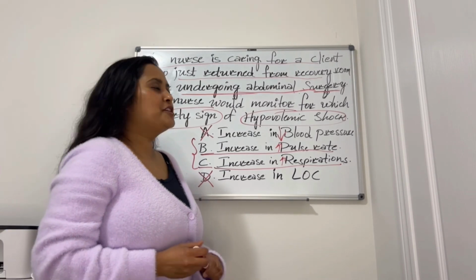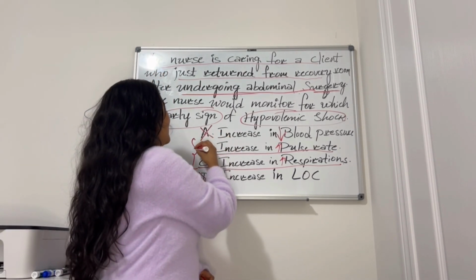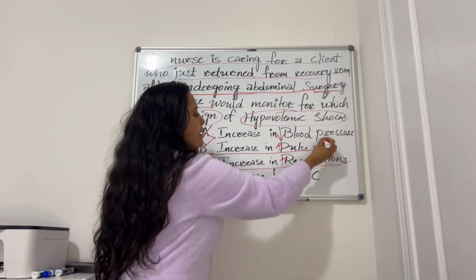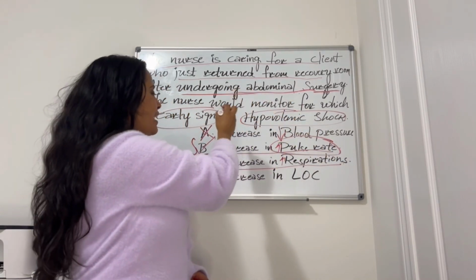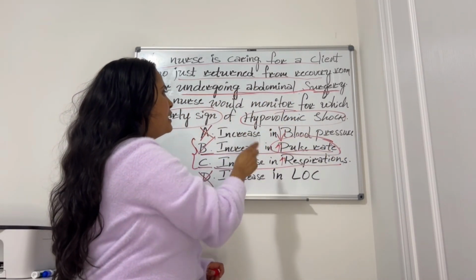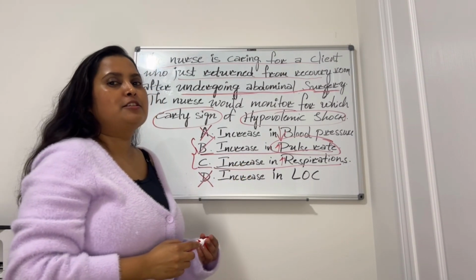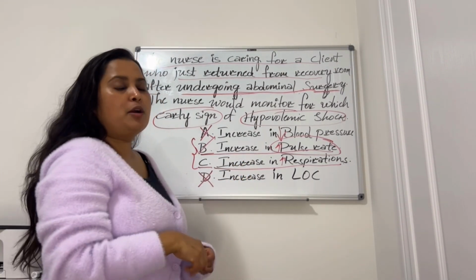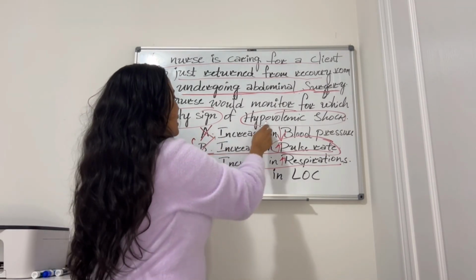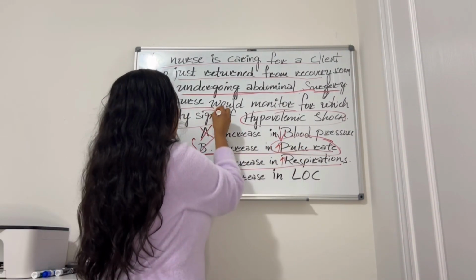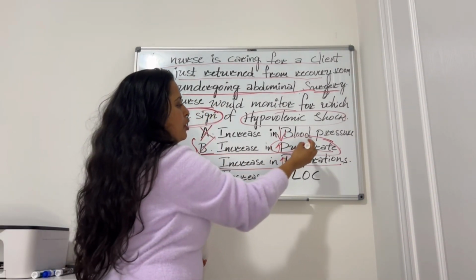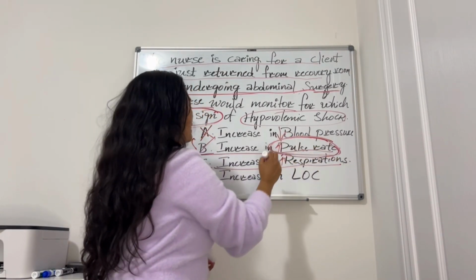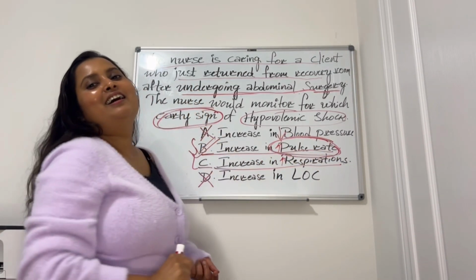The correct option here is option B, increase in pulse rate. A client returned from recovery room after abdominal surgery. As we rephrase the question, what is the early sign of hypovolemic shock? The early sign of hypovolemic shock is increase in pulse rate. Option B is the right answer.